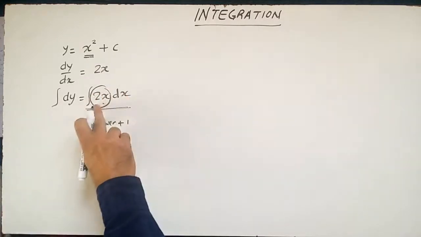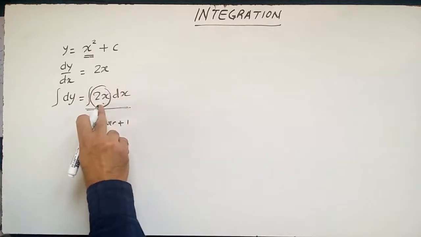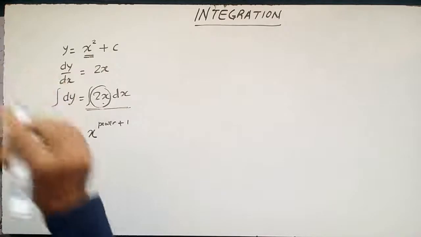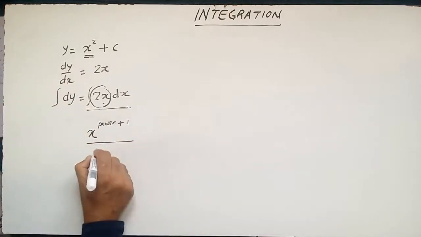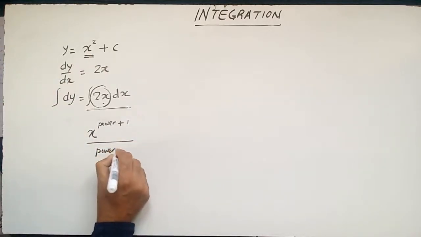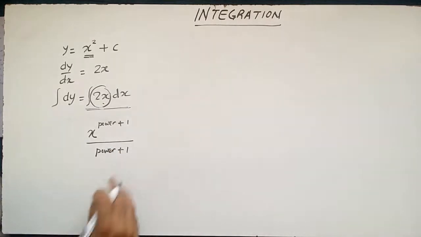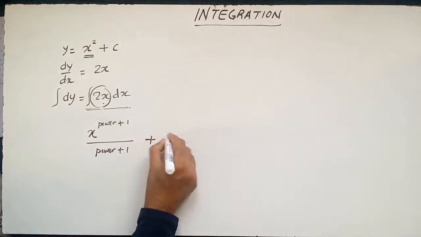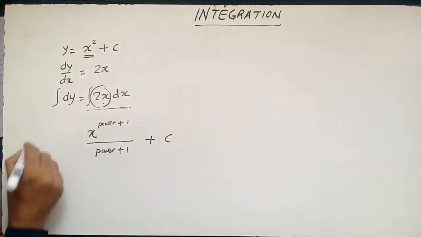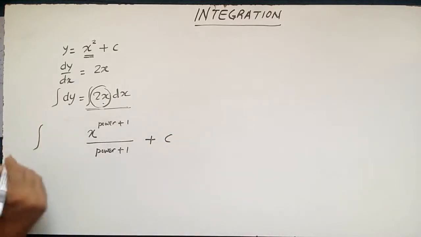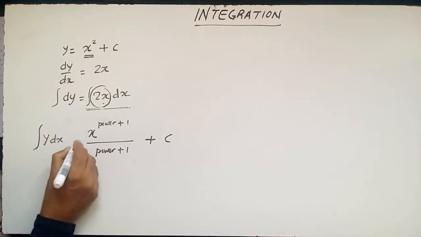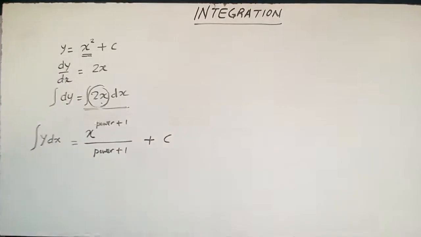But there is a 2 here, so if we divide by the new power, the 2 and 2 cancel off and we get x squared. So if we divide the expression by the power plus 1, we get back the original expression, and we add the constant of integration, c. This is basically what the integration of any function with respect to dx comes to.